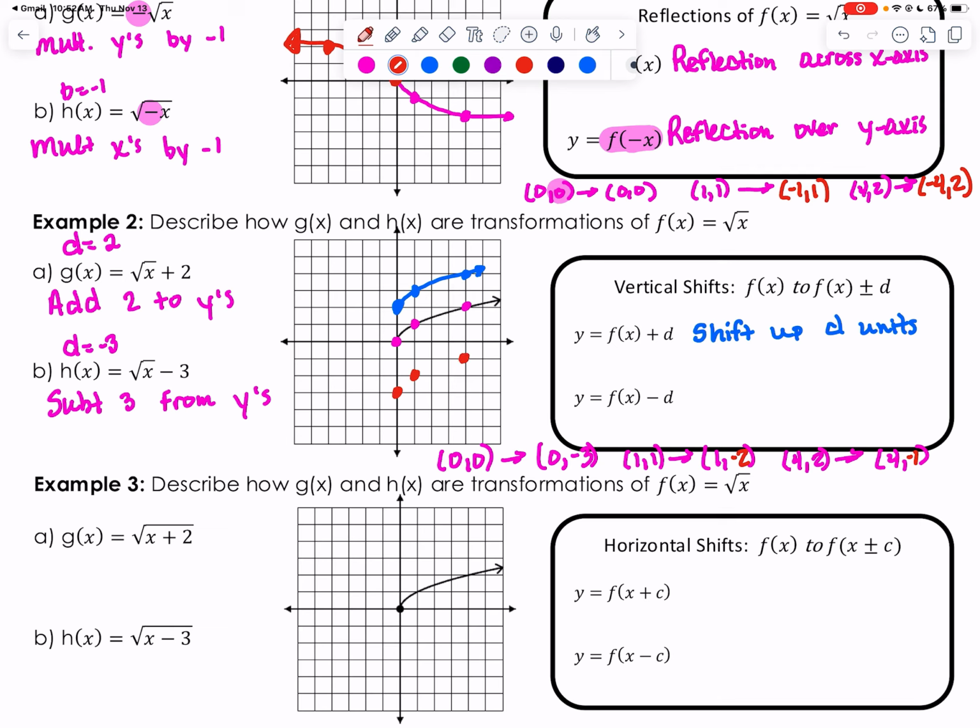So notice that each point shifted down 3 units. So our verbal description here: y equals f of x minus 3 will shift the function down d units.